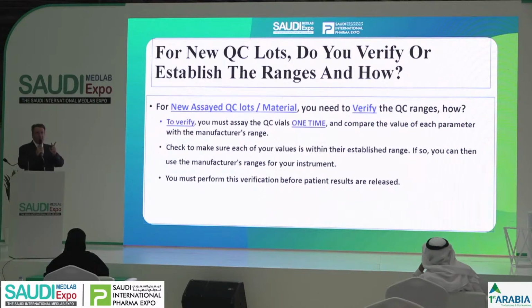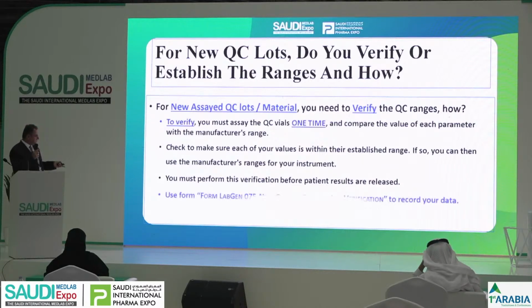You compare it with the ranges that come with the QC. If you are within these ranges, you are considered verified. You just fill out a form, which I will show you an example of, and then sign it, put a copy of the printout from the machine and a copy of the pamphlet that comes with the QC, and you're all set. You don't need to do anything else. That's for assayed QC material.